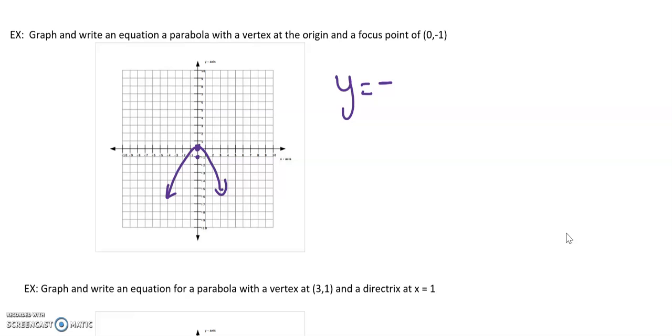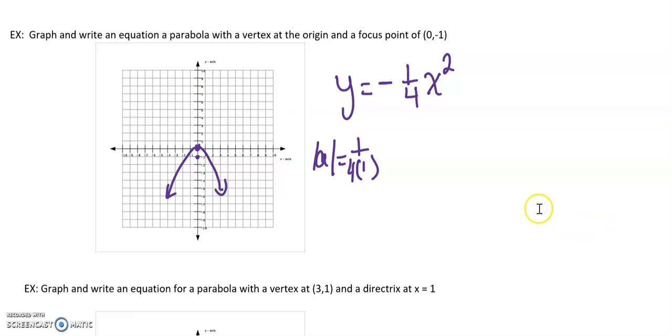We need to find the a value. So remember, absolute of a is 1 over 4c, and the distance between the vertex and the focus point is a 1. So our a term is 1/4. We did not go anywhere on the x or the y, so for the vertex, we have nothing added or subtracted. So that one was pretty simple.